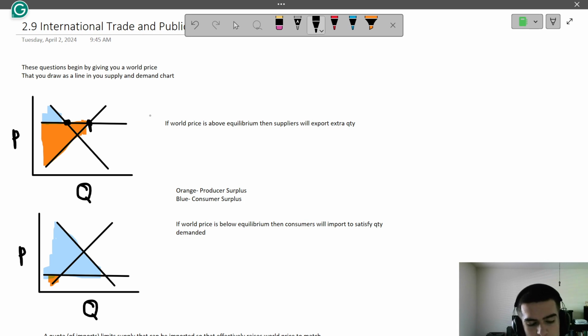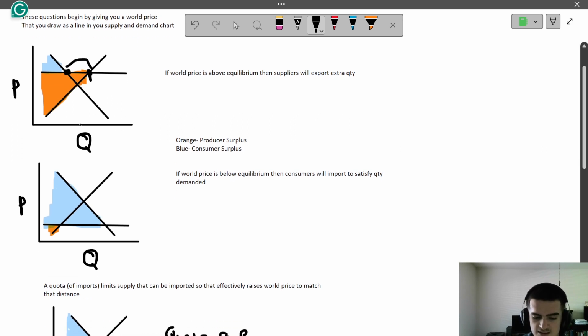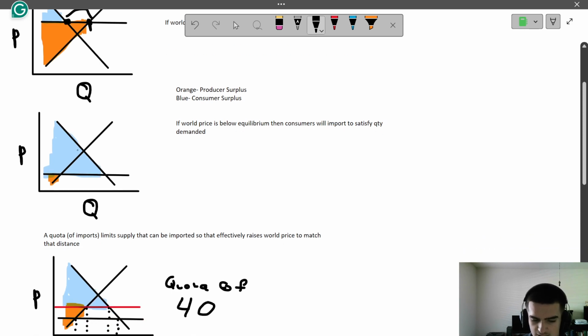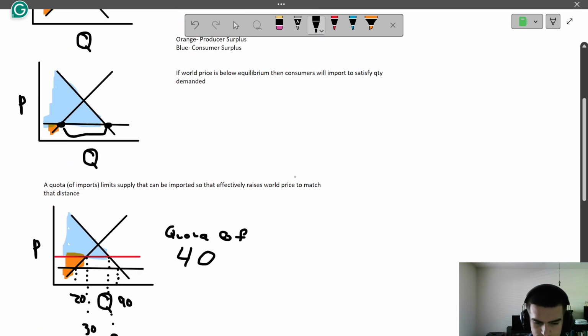Well, what they do is they export this extra quantity. So the orange is the producer surplus and the blue is the consumer surplus. And then here, if the world price is lower than equilibrium, suppliers are only willing to supply this much and consumers are willing to buy this much. So we import that quantity. No deadweight loss.